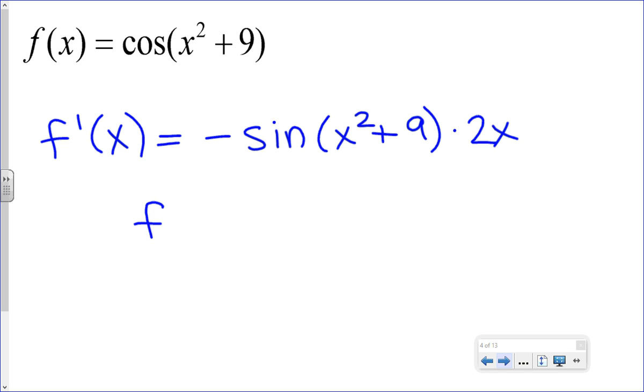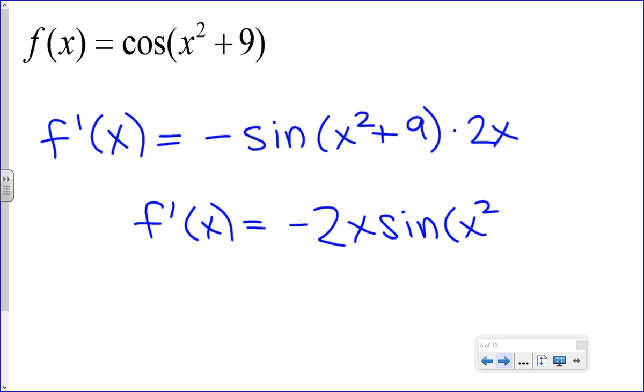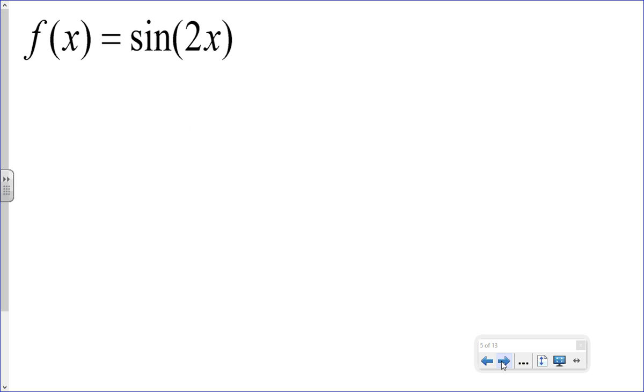I will tell you on a multiple choice sort of situation, you will see them rearrange it to be something like this, where that polynomial is multiplied in front. The only way to get better at this is to do lots of examples. So, next one.